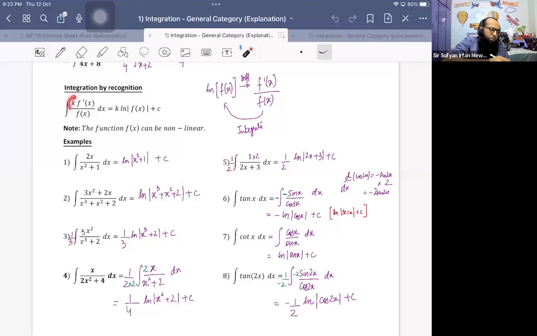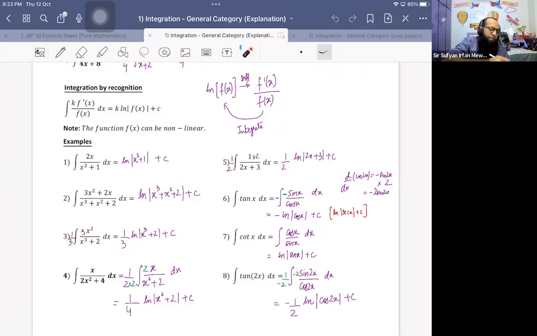And if there is a constant that we have taken as common, or if there is a constant outside, then we have to take that constant as well. And if it's an indefinite integral, then we have to add plus c as well.